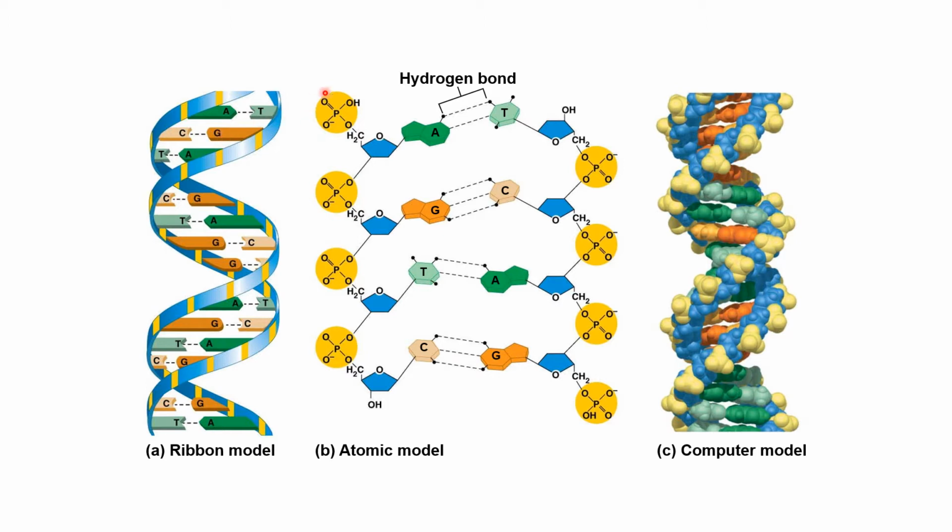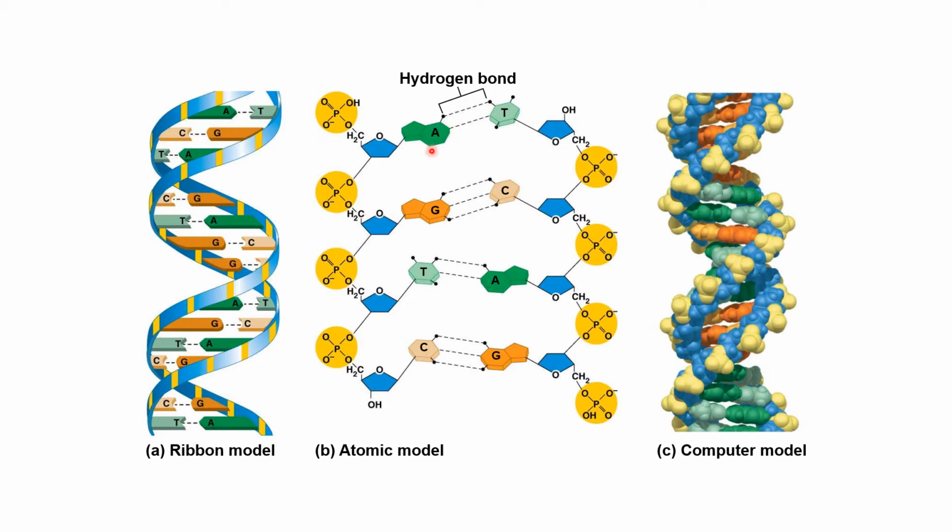So you can see one strand right here, and you can see the other strand right there. Both strands are going to have the backbone of phosphates and sugars. So here's the backbone of one strand, and here is the backbone of the other strand. And sticking out of the backbones, you have your bases.